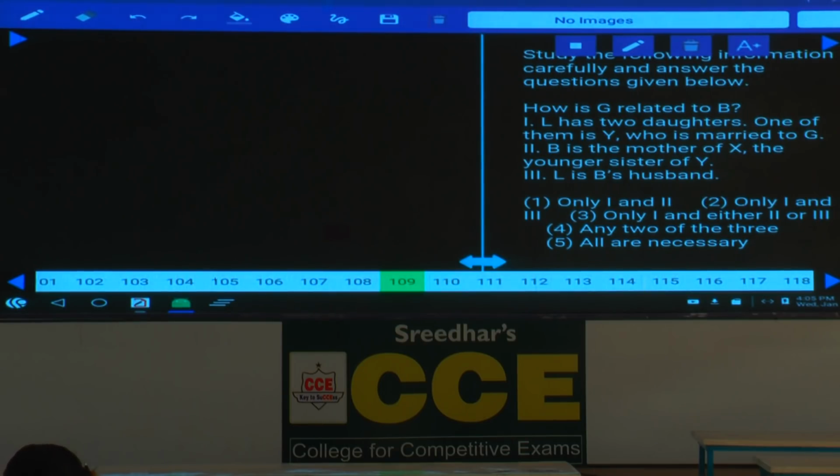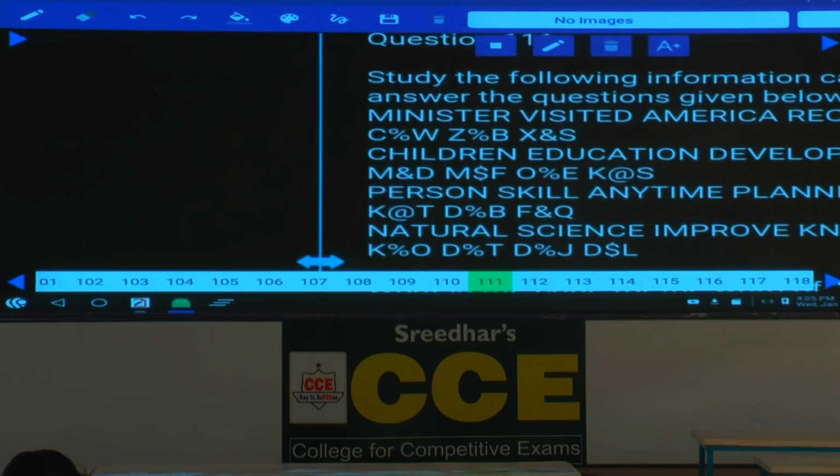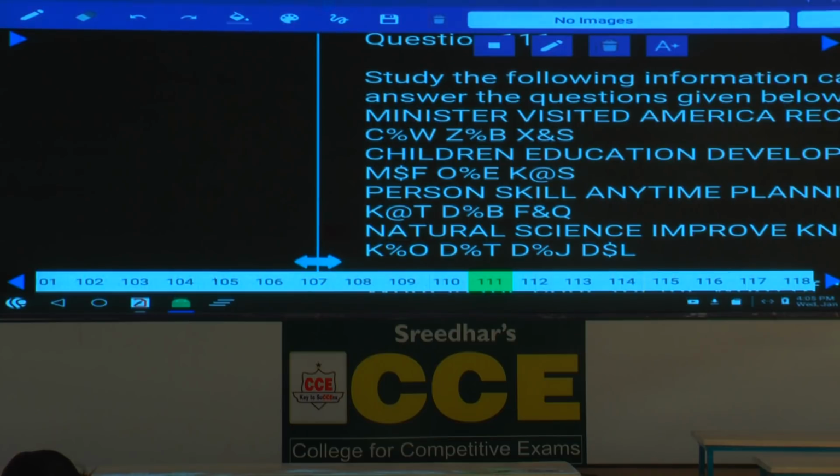Third. 109 and 110, okay, 3 and 3. Then 111 to 113. Yes, shall I explain this one or not required? 111 and 113.